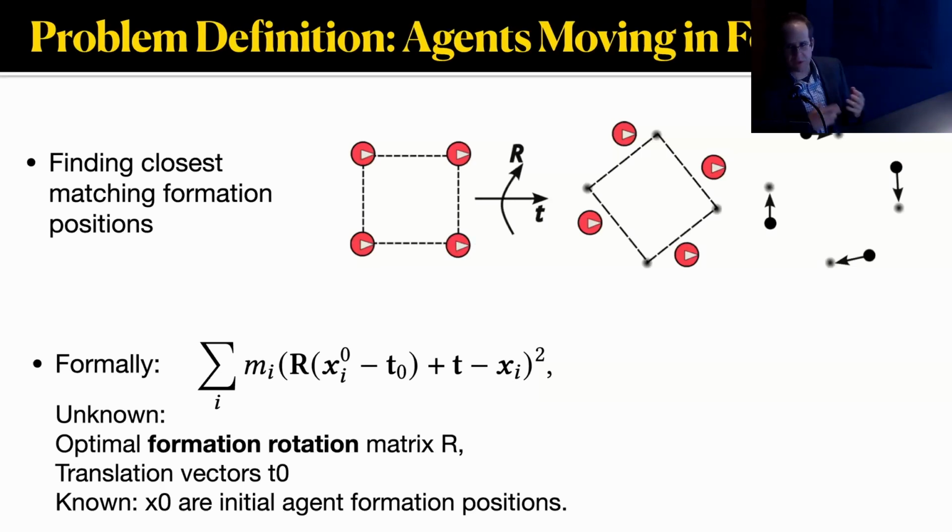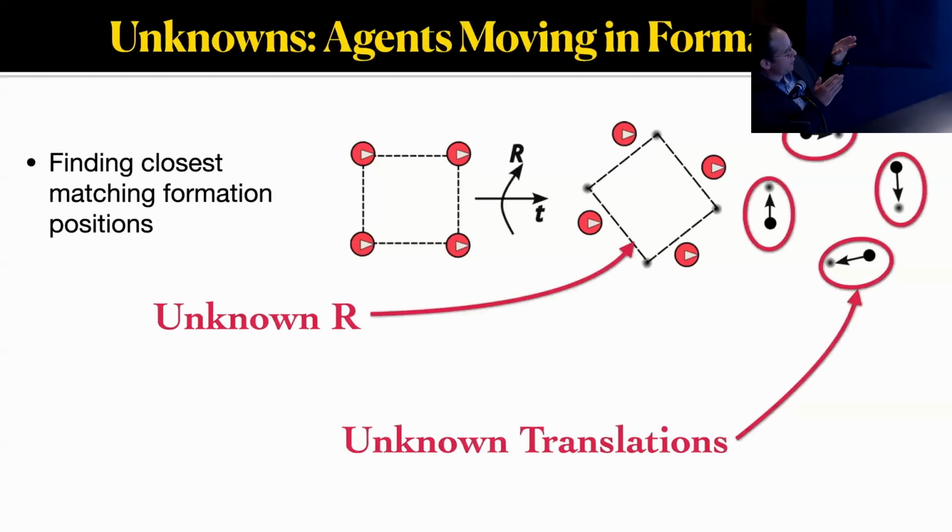And we want to find what formation should they be in so it matches the original initial configuration. So basically the problem is to find these things. So to find what is the rotation of the formation and what are the translation vectors that lead the groups to those ideal positions in the formation. Okay, so these are our unknowns. We need to solve this somehow.